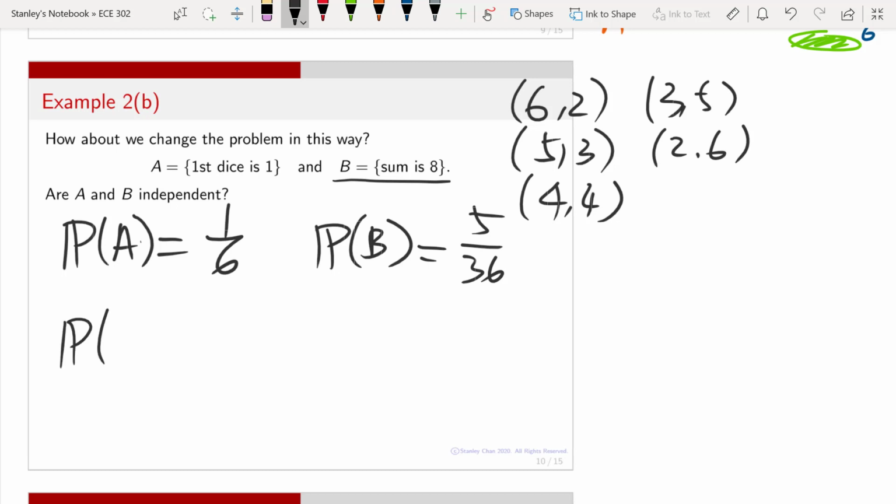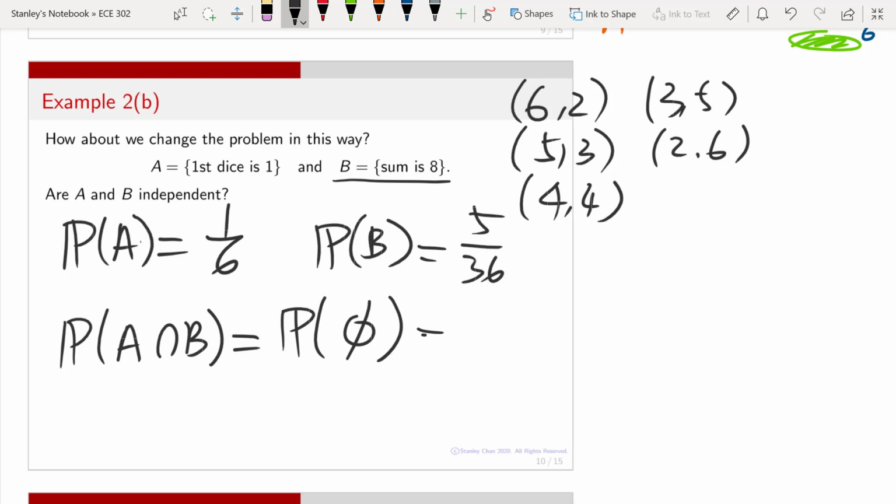And then the probability of A intersect B, what is this? Well, this is the probability of an empty set, because it is impossible to get 1 and a sum equal to 8. So you get 0. All right, so are they independent or not? No, because the product of A and B is not equal to the intersection. So they are dependent.